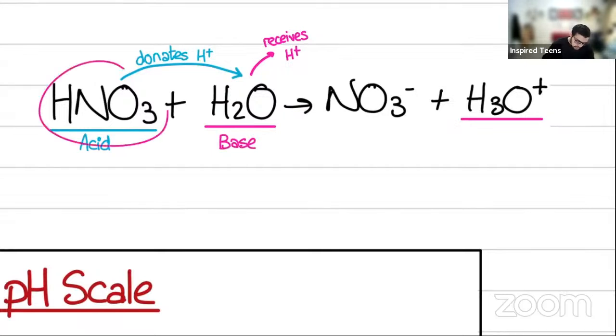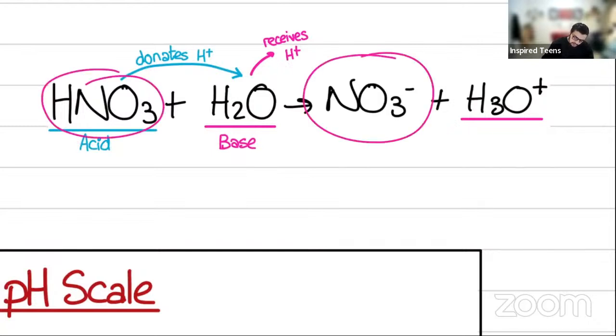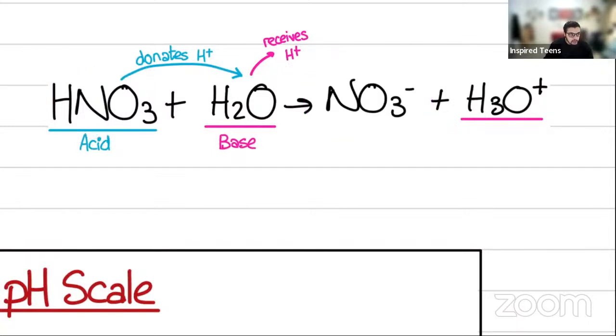How do we know for sure that HNO3 donates? Because HNO3 becomes NO3 minus. It loses that hydrogen, which means it donated it to H2O. And H2O definitely received that hydrogen because it became H3O plus, with an extra hydrogen.